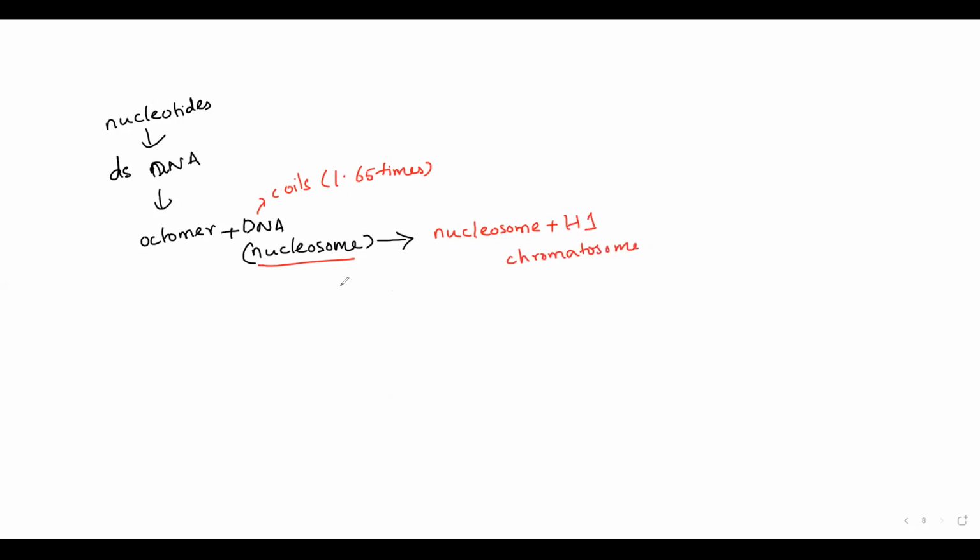Secondly, this nucleosome is going to fold up into a 30 nanometer fiber, and this is going to further form loops around 300 nanometers in length. So first thing is a nucleosome, and the nucleosome is folding into a 30 nanometer fiber.